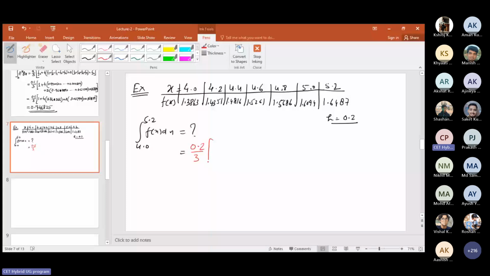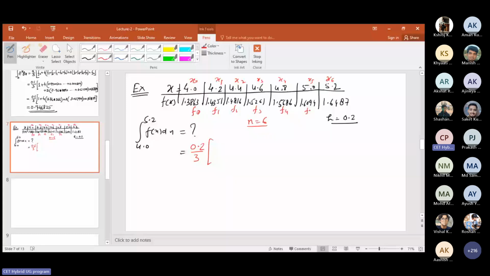Then F0. So F0 will become, this is your X0. That is how you have to identify X0, X1, X2, X3, X4, X5, X6. Okay, you can easily understand, correct? So here n equals 6. That means you can apply this formula, and this will become F0, F1, F2, F3, F4, F5, and F6.